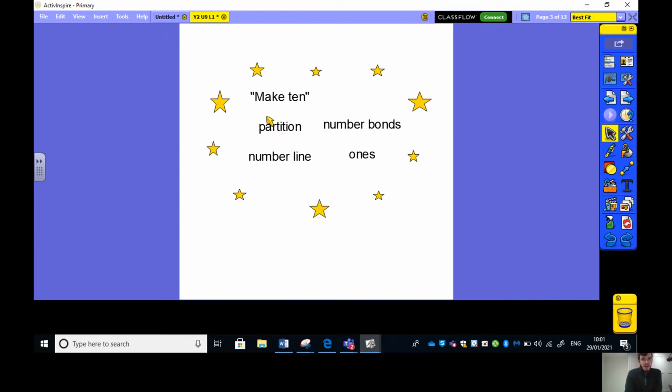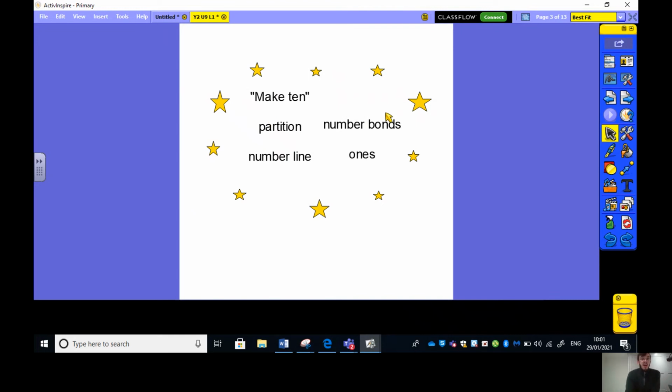When we talk about partition, that is the splitting of numbers. I can partition 4 into 2 and 2 because 2 and 2 equals 4. I could partition 5 into 2 and 3 because 2 and 3 equals 5. So partition just means to split numbers.